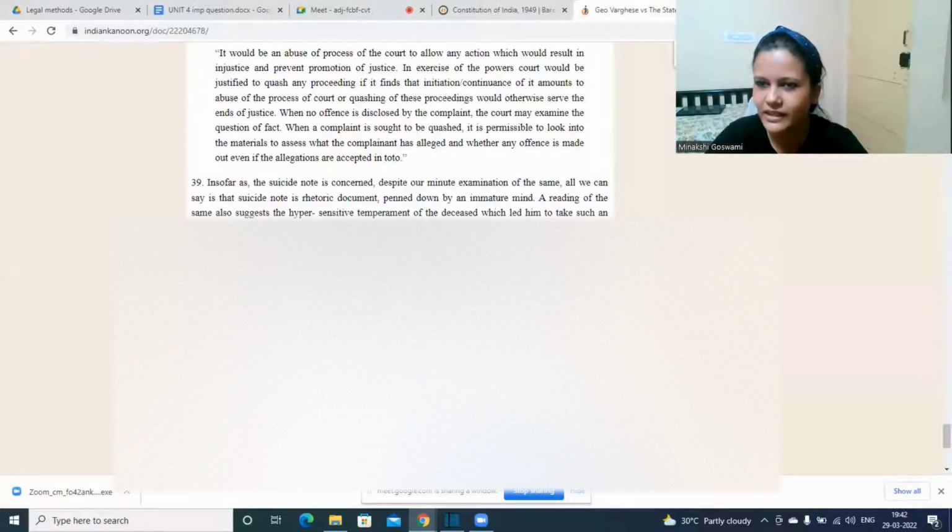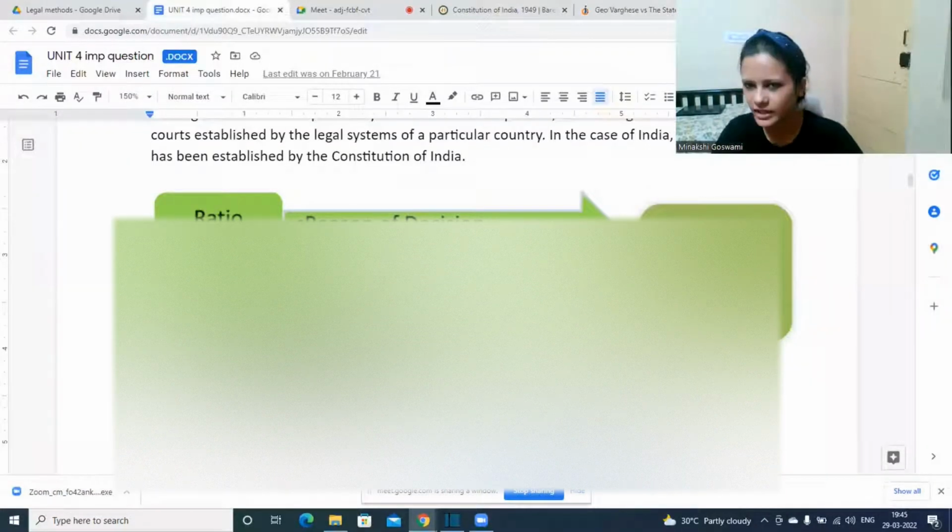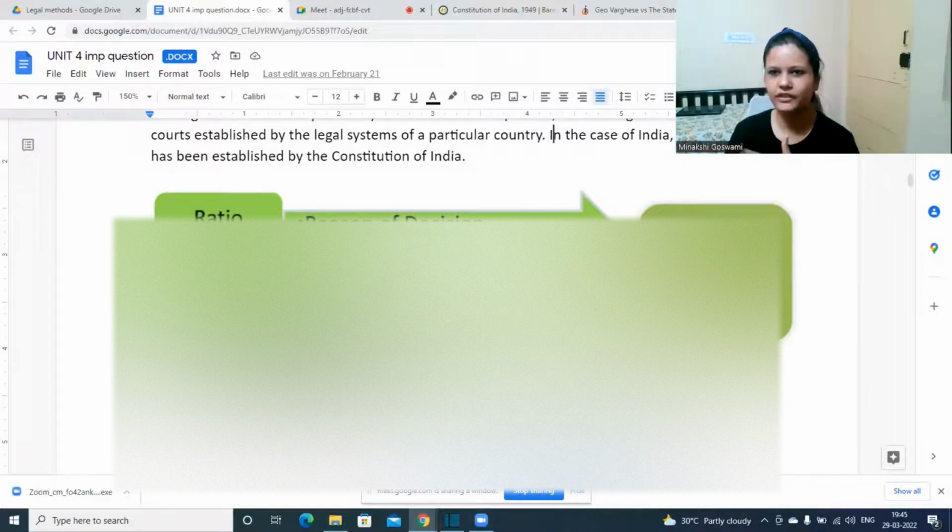The court has given a certain decision, and in that same decision, the court might say that there is, in general, a lack of training for police officers, which should be given. That would be a general observation. Or in general, these kinds of things should be done.